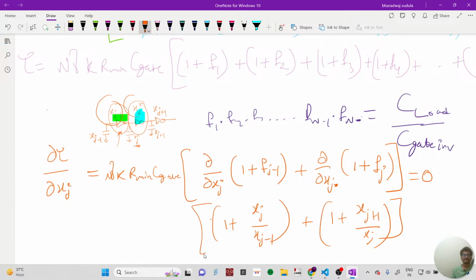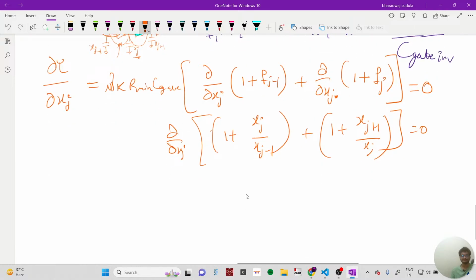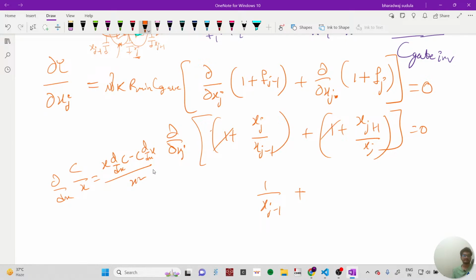So if I differentiate this by xj and equate it to 0, this will be 0, this will be 0, and this will be xj minus 1 plus some constant by x, d by dx. What is the expression? d by dx of x and c by x square.